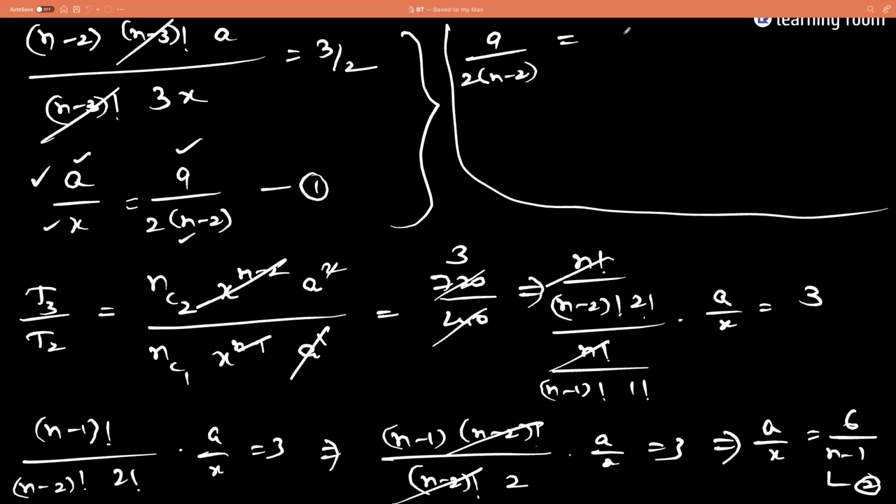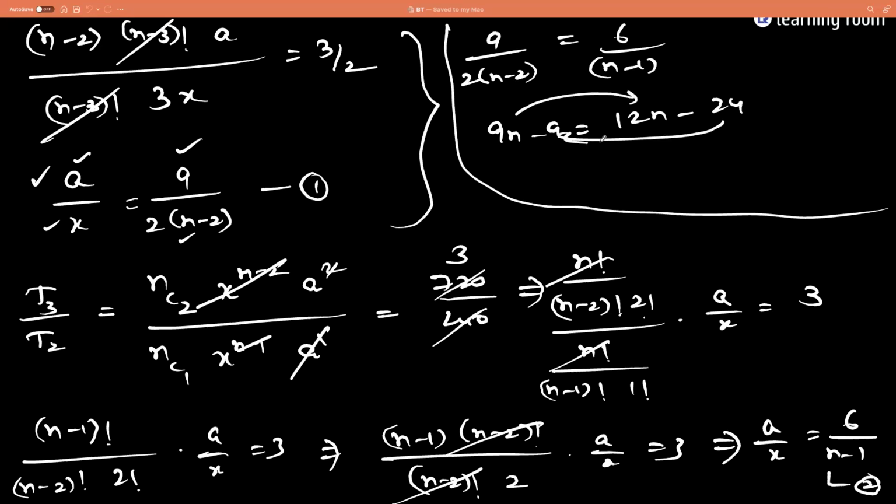From 2, I have 6 by (n minus 1) as a by x. So both the sides a by x. So when you rearrange and solve it, you will have 9n minus 9 is equal to 12n minus 24. So 12n to the other side, 24 to the left hand side. 24 minus 9 is 15. So 15 is equal to 3 times n, which implies n is equal to 5.